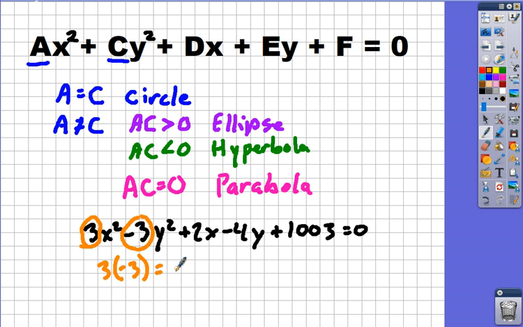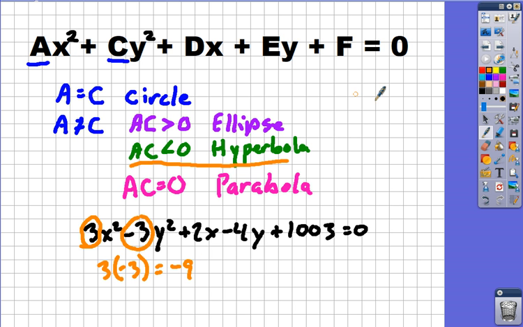We're going to find that's negative 9. They're not the same. One's positive, one's negative. Multiplying does not give us a positive number greater than 0. It gives us a negative. We have hyperbola in this case.